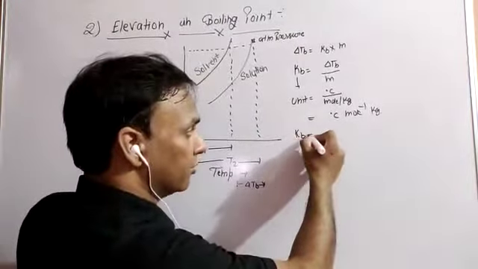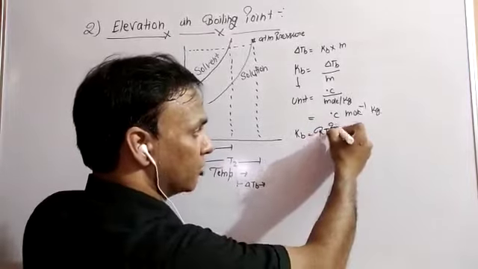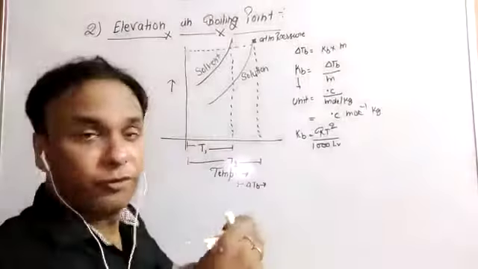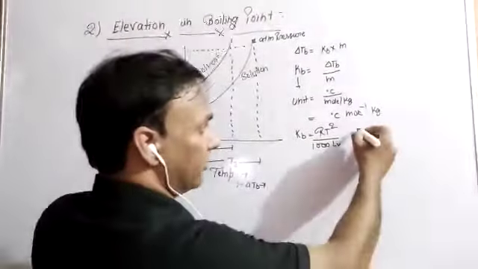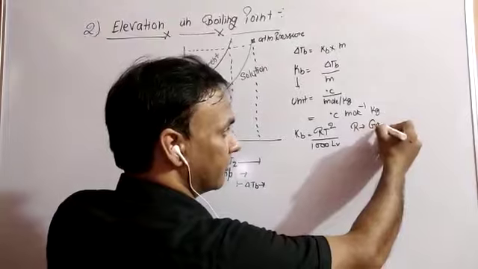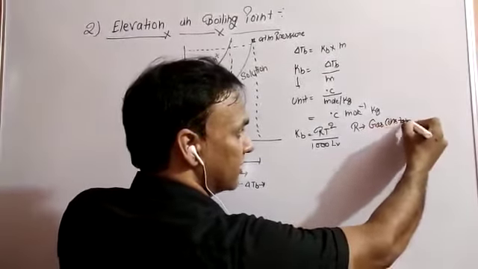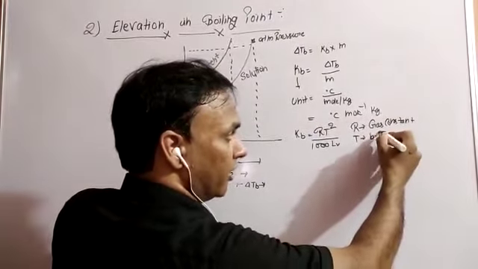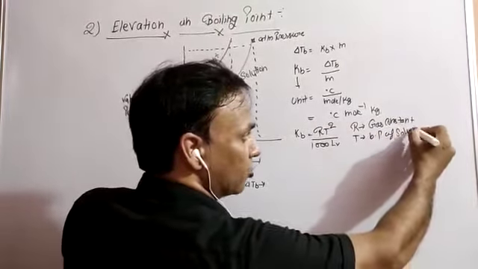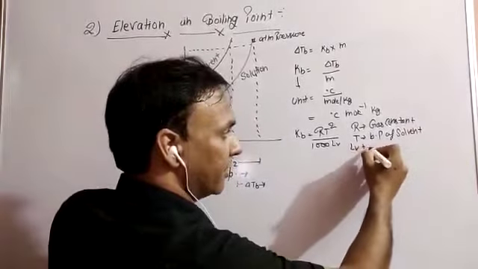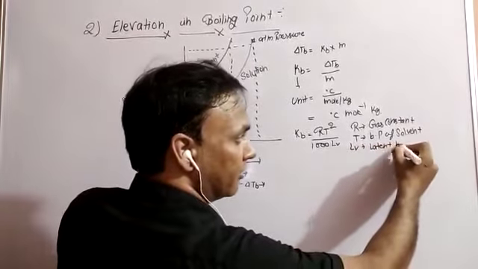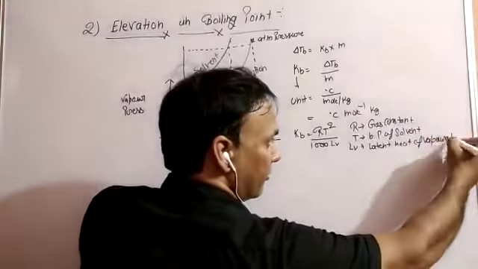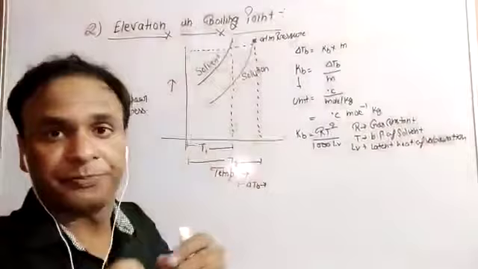Kb is equal to R T square upon 1000 into LV, where R is the gas constant, T is the boiling point of the solvent, and LV is the latent heat of vaporization.